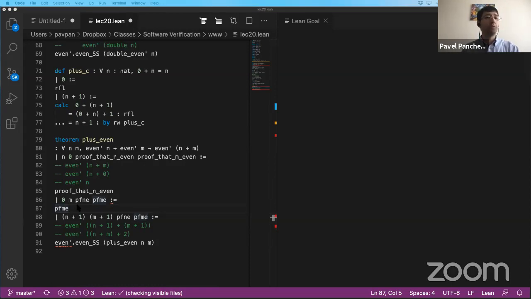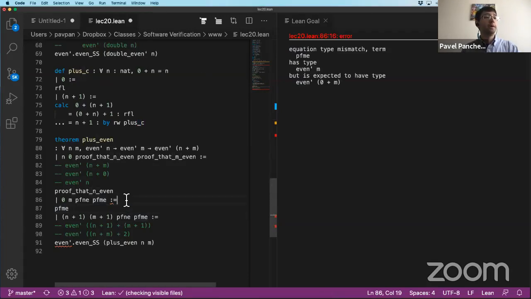Actually, let me pause for a little more questions about this, in case people want to ask something about this idea of proving that doubling something is even. No? Okay.